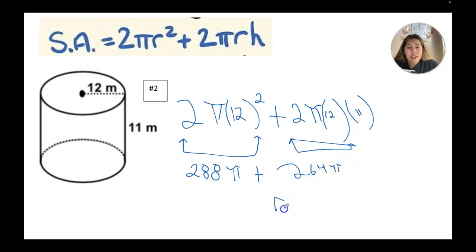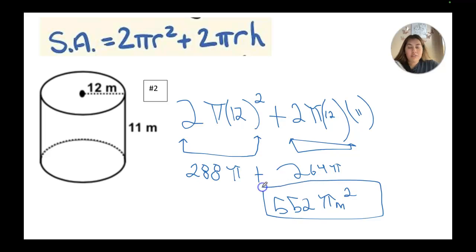So our answer is 552 pi. Can't forget about the pi. Pi meters squared. So our total surface area for this cylinder is 552 pi meters squared, since we use our total surface area formula.